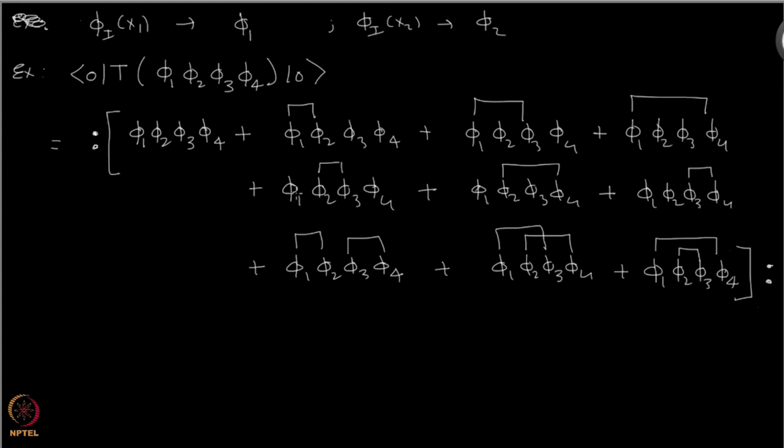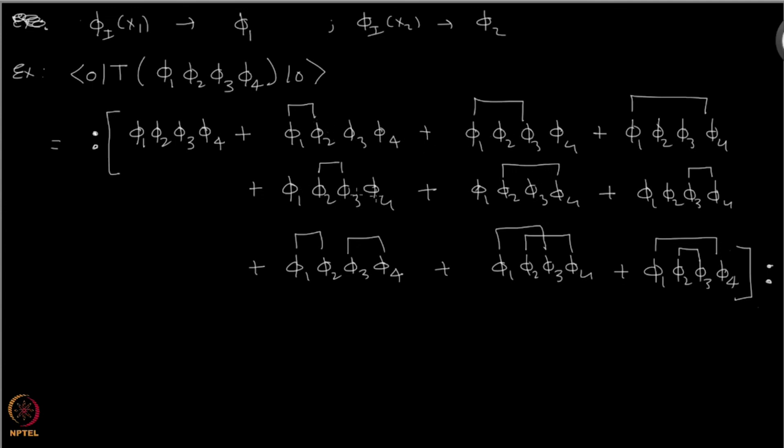So you see, you get one term which has all the 4 operators, then you get 6 terms, 1, 2, 3, 4, 5, 6, which have only 2 operators. This one has only phi 3 and phi 4 as operators, and this contraction is a complex number, the propagator. Similarly, this one has only 2 operators, phi 2 and phi 4, and this contraction gives you a propagator between x1 and x3.